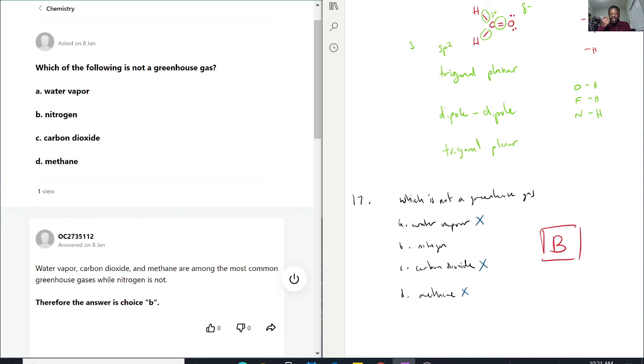So with these type of questions, I do emphasize that when this information is not memorized, we try to apply logic and go step by step and go by just the best choice, crossing out the ones that don't really make sense. So we could definitely cross out water vapor and carbon dioxide.